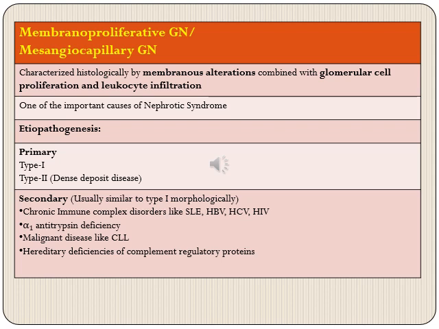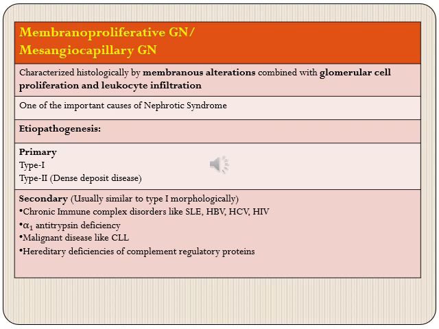Similarly, mesangiocapillary also tells that there will be involvement of glomerular capillaries and involvement of mesangium. So it is characterized histologically by membranous alterations which are combined with glomerular cell proliferation and leukocyte infiltration. So there are two components. And one of the important causes of nephrotic syndrome is this membranoproliferative or mesangiocapillary glomerulonephritis.